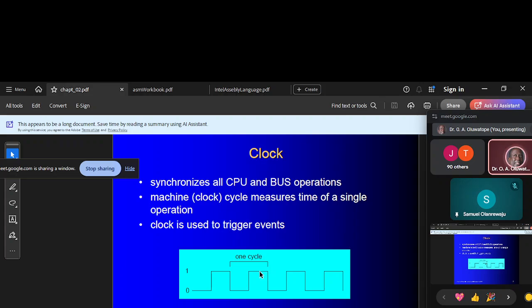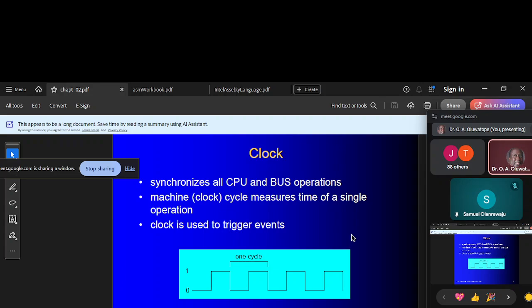So what happens here is that the computer is able to trigger events based on the various timing on the clock. So it can say, for example, let the data be read at this point, and then at maybe another time on the clock pulse, let the address be read, and then other activities take place.